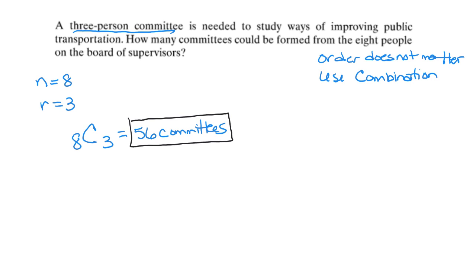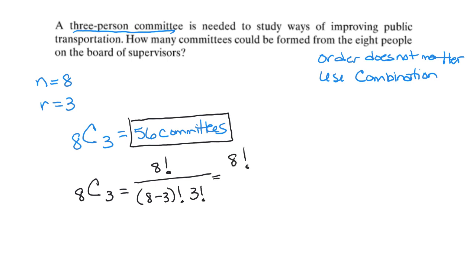All right, if you want to use the formula, and I'll just do this on a few slides, we have 8 combination 3. That is the same as 8 factorial divided by 8 minus 3 factorial times 3 factorial. Cleaning up what's inside parentheses will leave me with 5 factorial times 3 factorial.